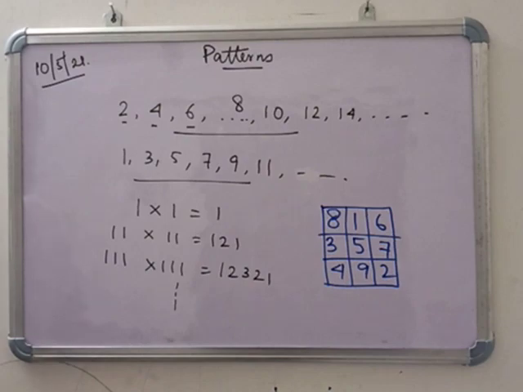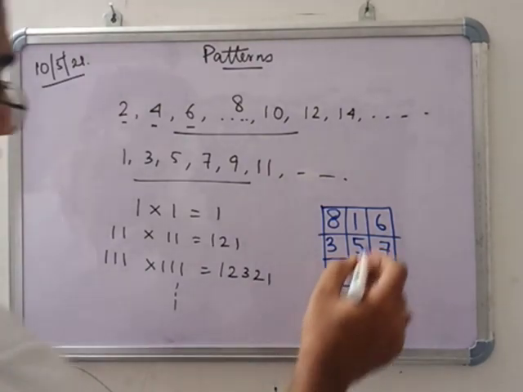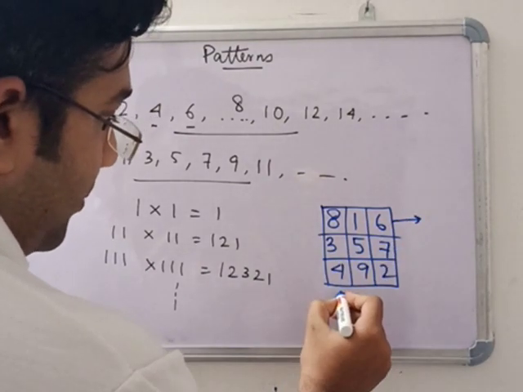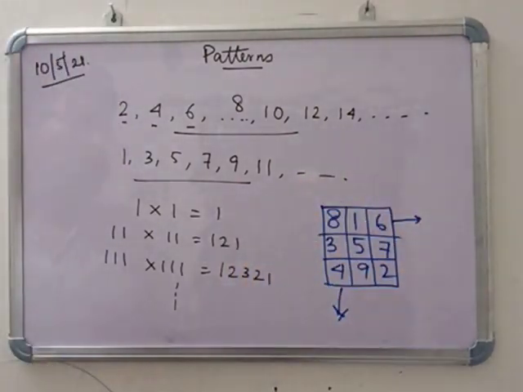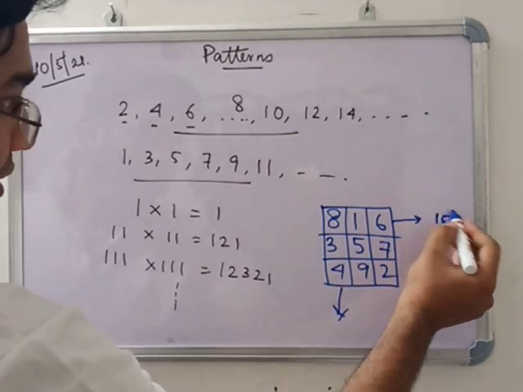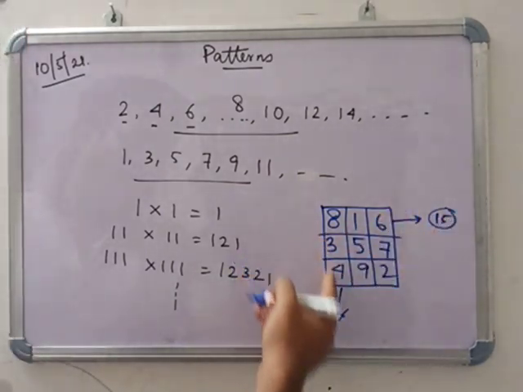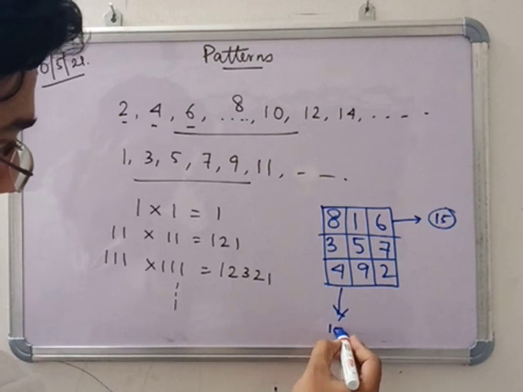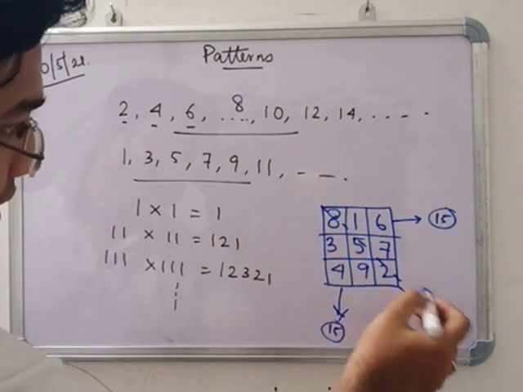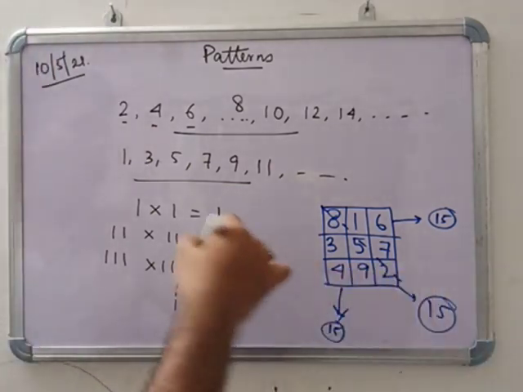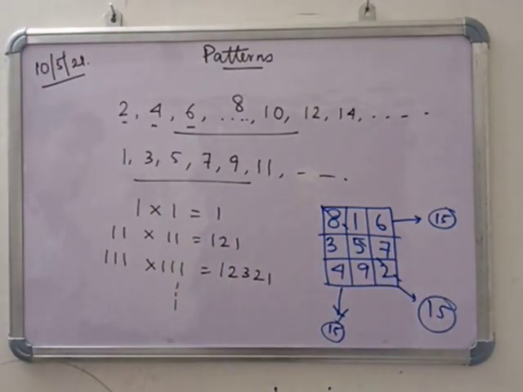Now if we add row wise, this way is row and this way is column. So row wise addition is 15, column wise is also 15, and diagonal wise is also 15. So all are 15. You have to put the numbers like that.